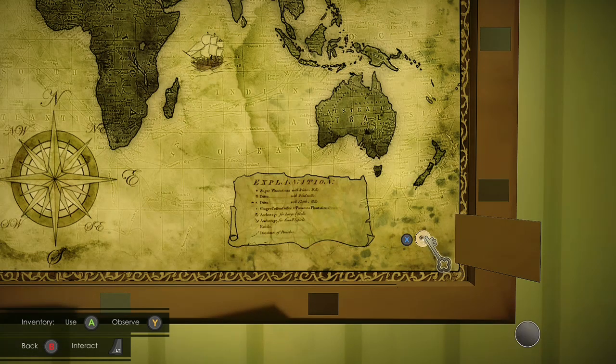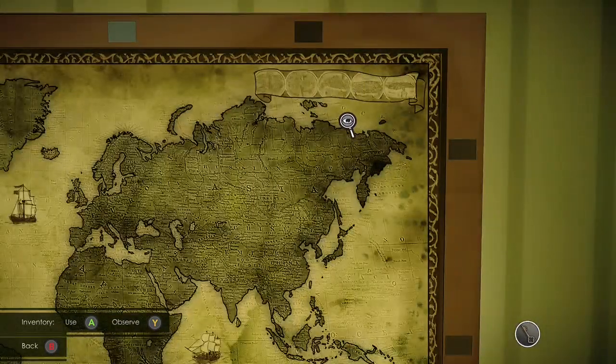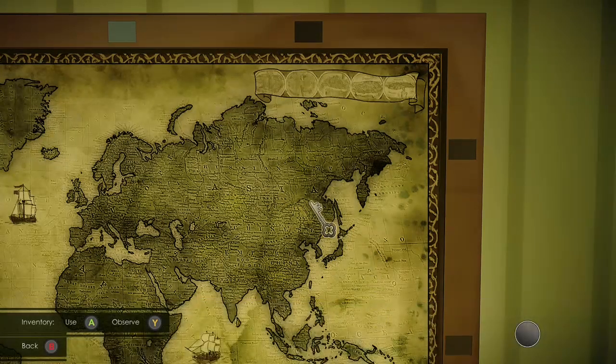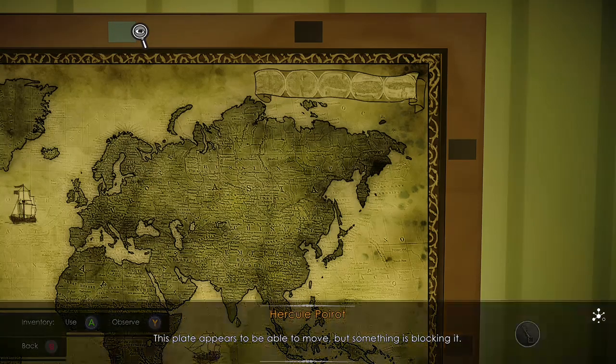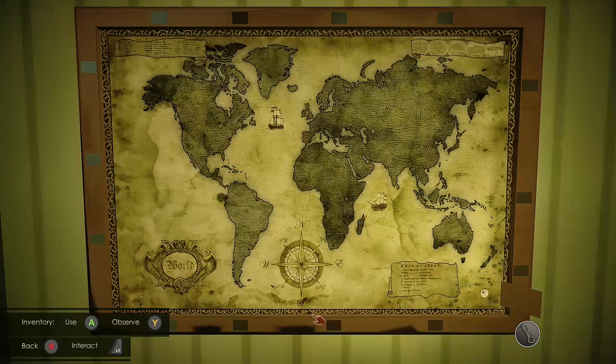Maybe that'll work. This plate appears... Right, I'm gonna back out of that real quick, because I have absolutely no idea.